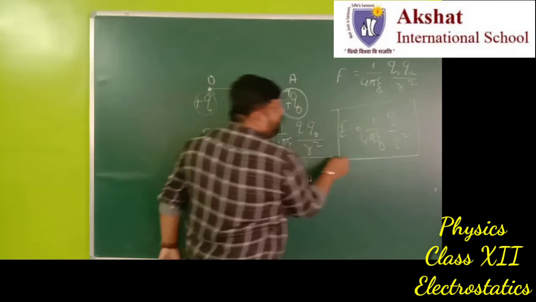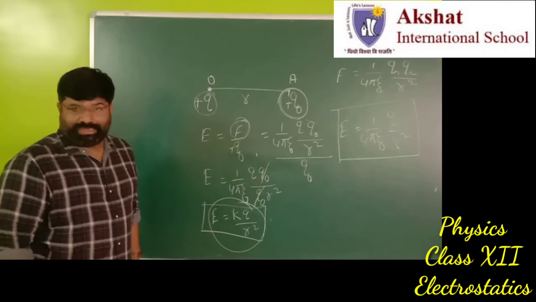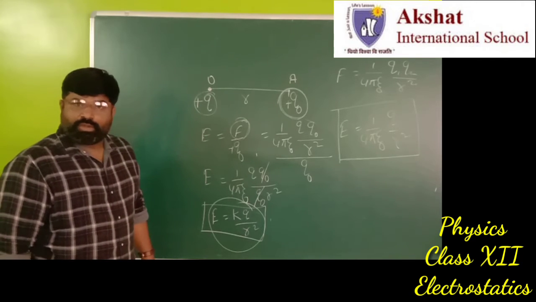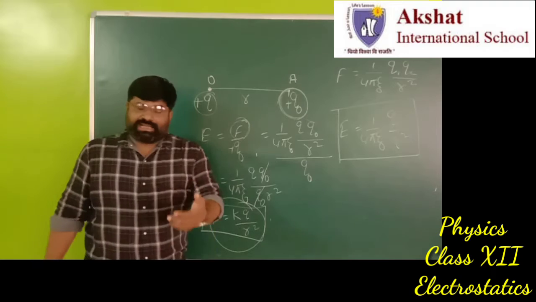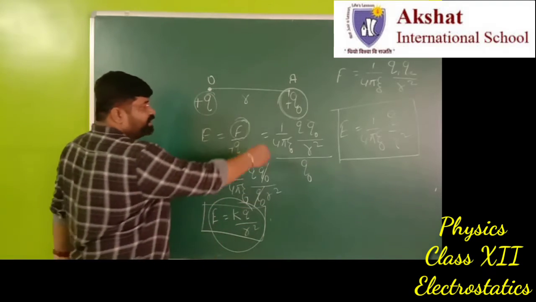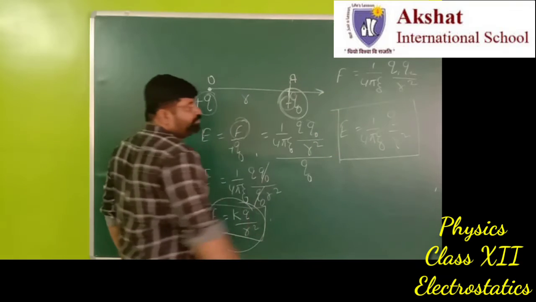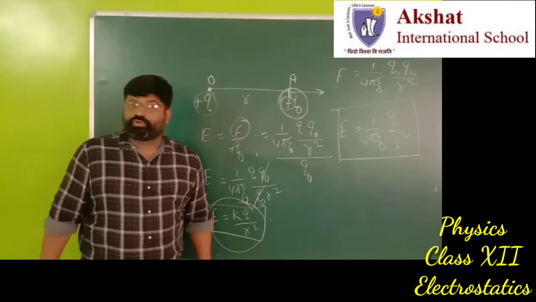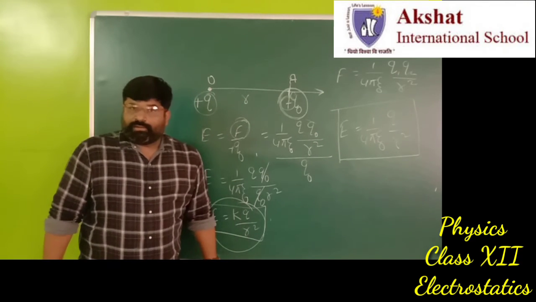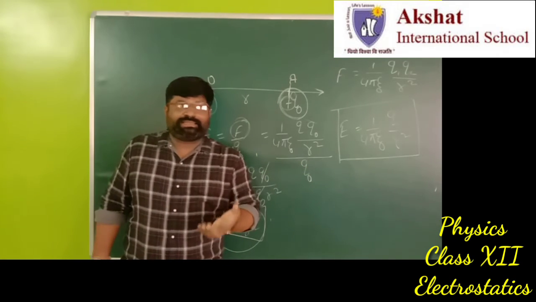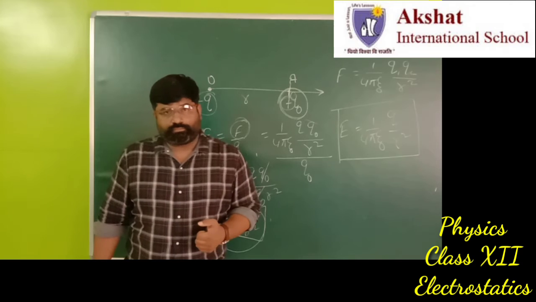This is the magnitude of the electric field strength due to a point charge. And the direction, as I had discussed, because this is a positive charge, will be repulsive, that is away from the source charge. Fine. So this is a little bit about the electric field strength.